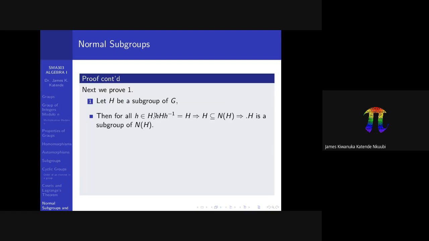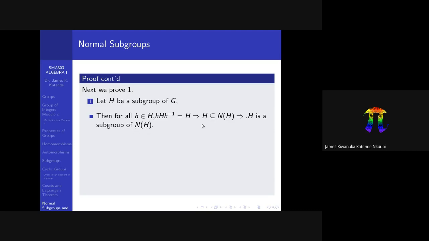This is something you can prove. So all elements of H will behave like elements in the normalizer of H, and that means H will be a subset of the normalizer of H.